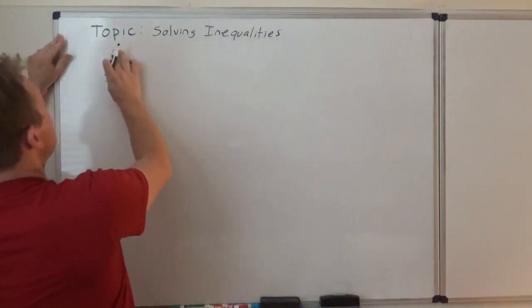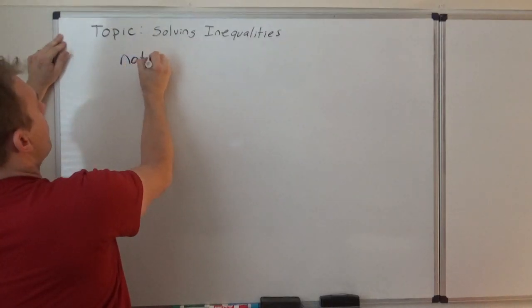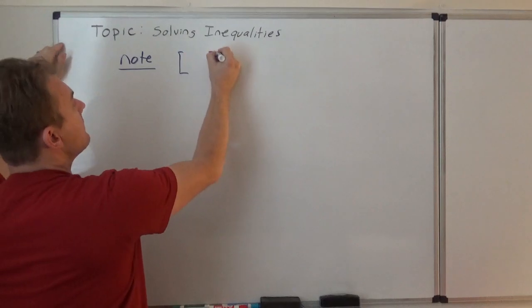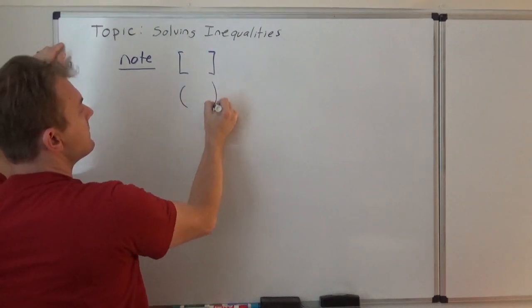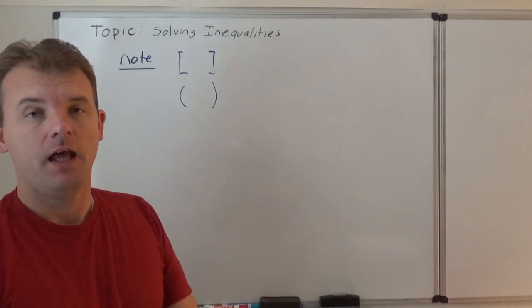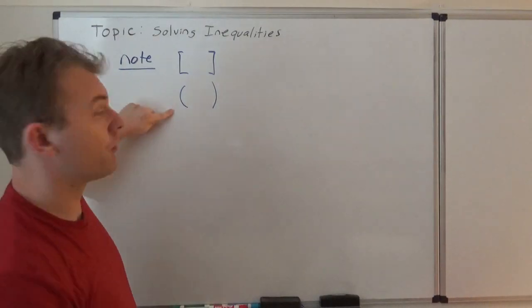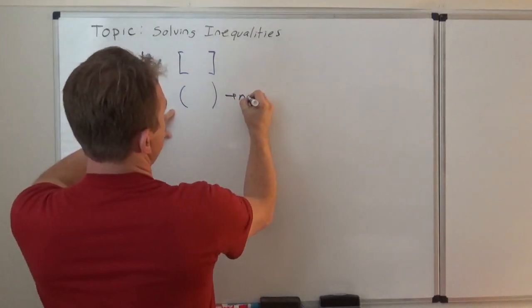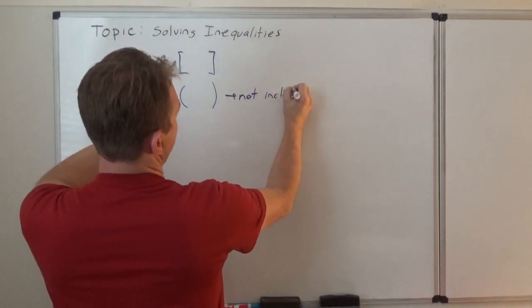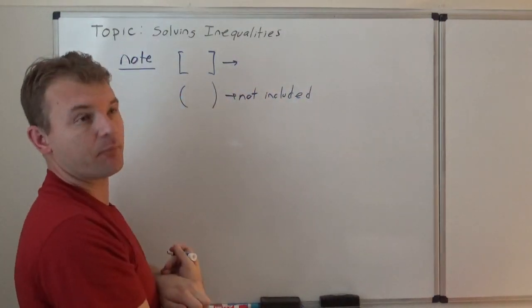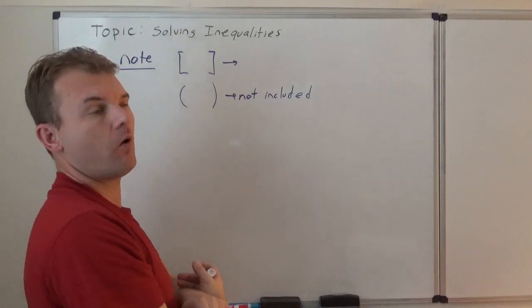I want you to note real quick before we get started that these two are very different notations. These are parentheses, which means the endpoint is not included. These brackets are included.